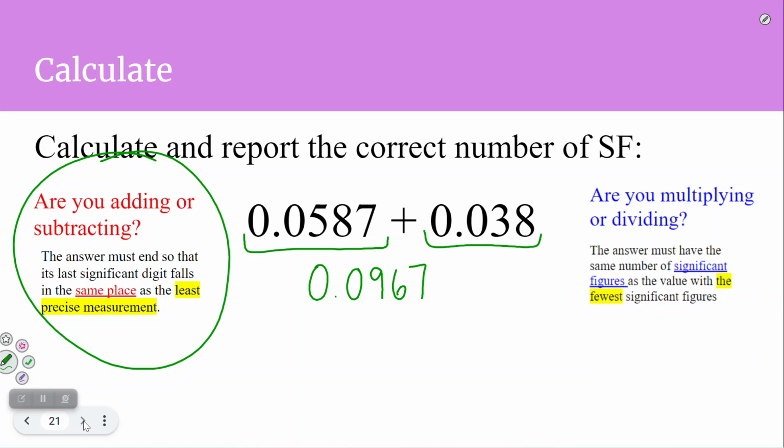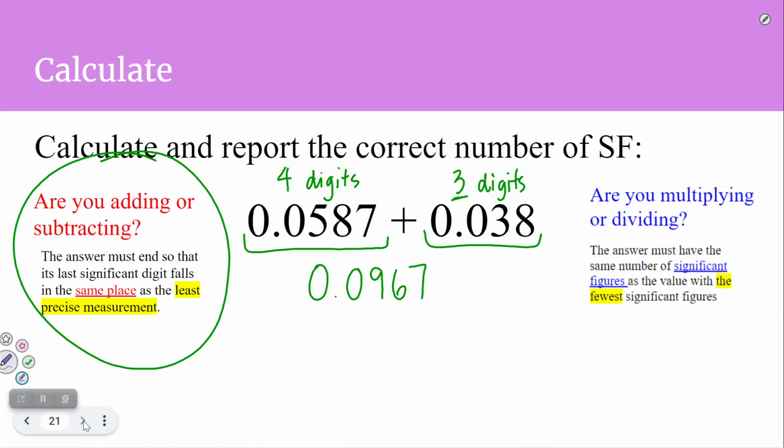In this case, the 0.0587, how many digits are there to the right of the decimal? Yes, there are 4. It doesn't have to be significant, just digits, place values. For the 0.038, how many digits are there to the right of the decimal? Should be 3. So my answer can only have 3 digits to the right of the decimal, because that between the two measurements is the least precise.